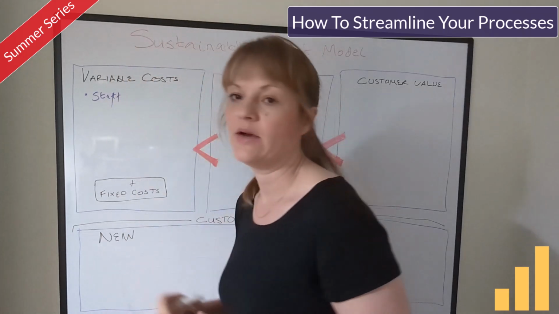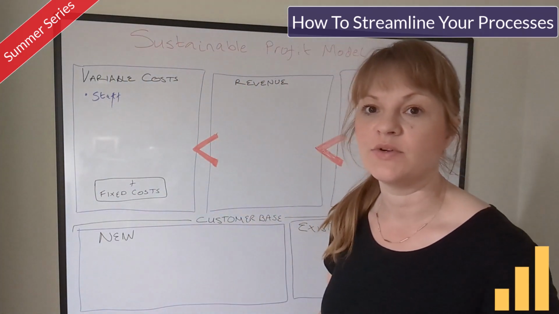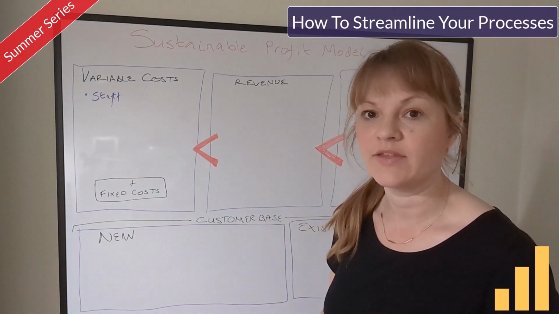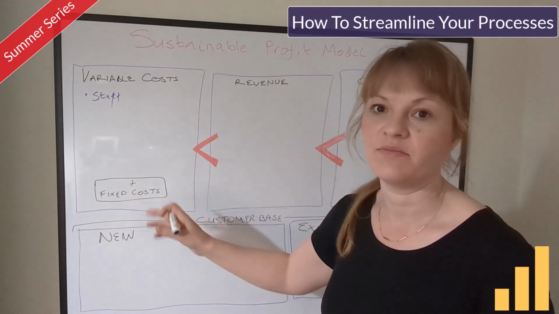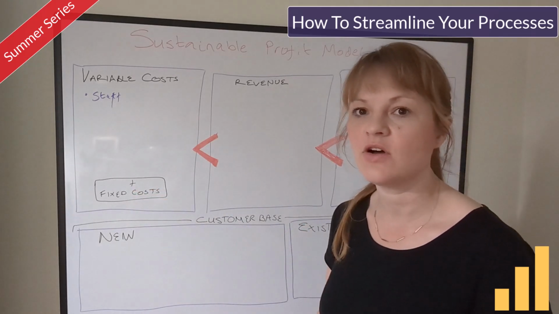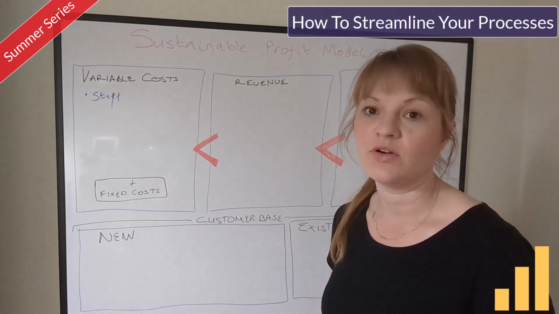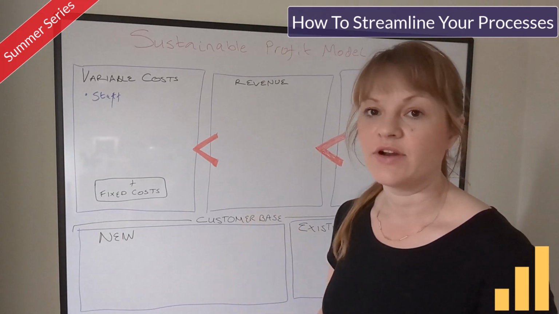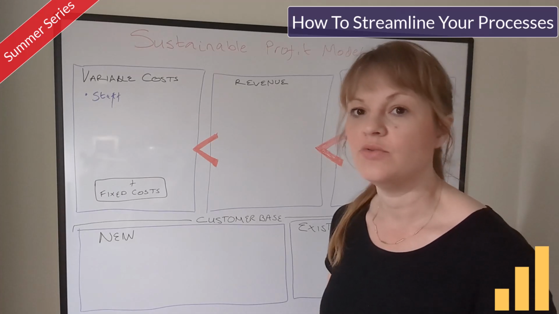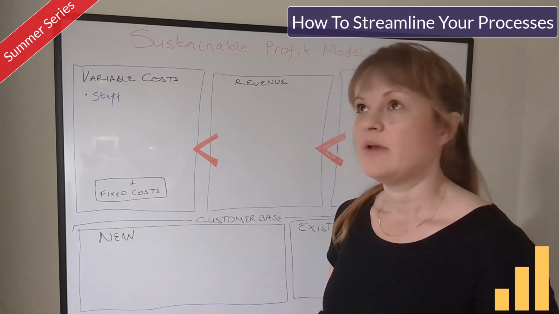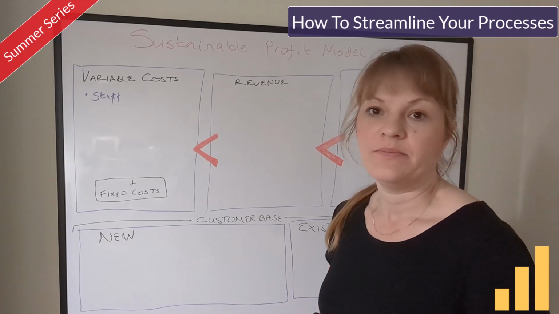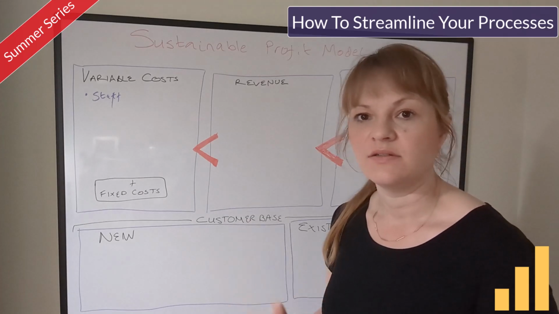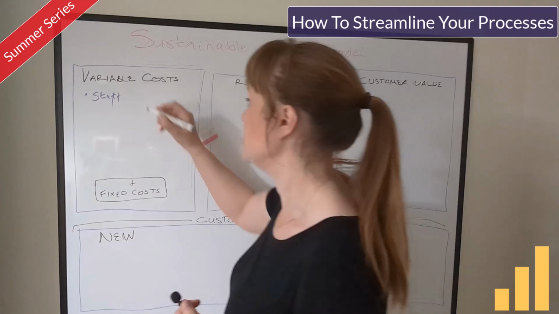And when we think about variable cost, it's going to be staff time, right? The salaries of the staff is a fairly fixed cost. So really a variable cost is how much time the staff spend on delivering things of value versus admin, any work that doesn't add value to the customer. So I'm going to put staff time.